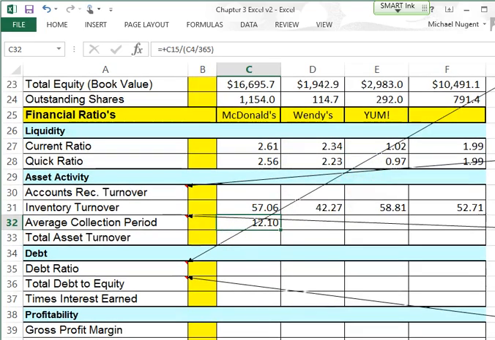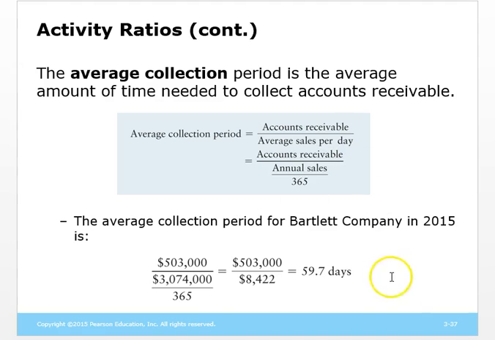I'm going to put the slide back up for you. Okay. So here, annual sales divided by 365, and you take accounts receivable divided by that result.